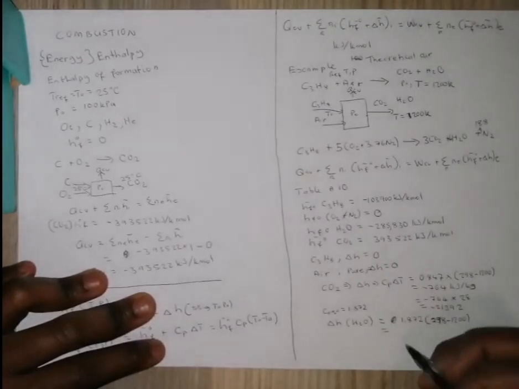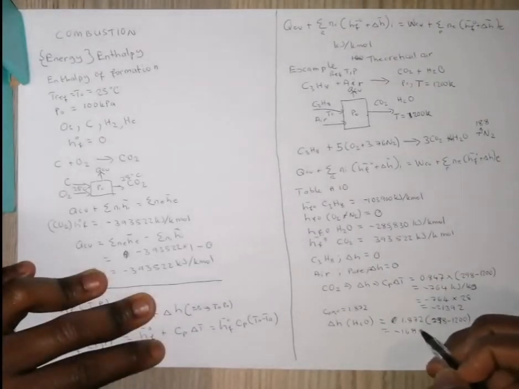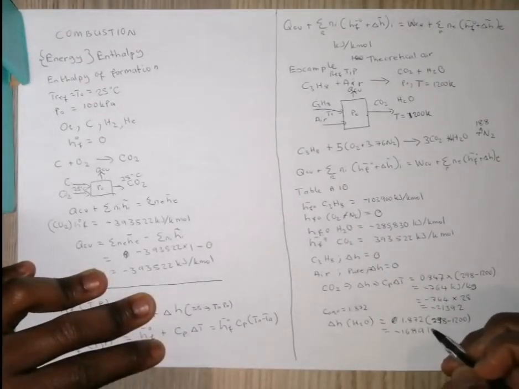negative 1689, which is in kilojoules per kg.